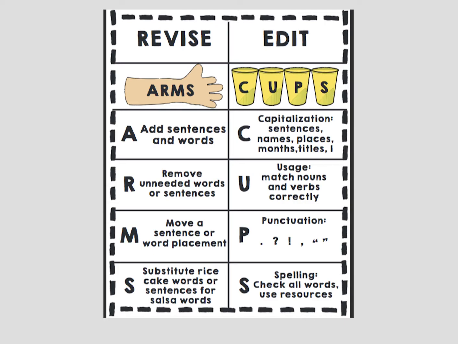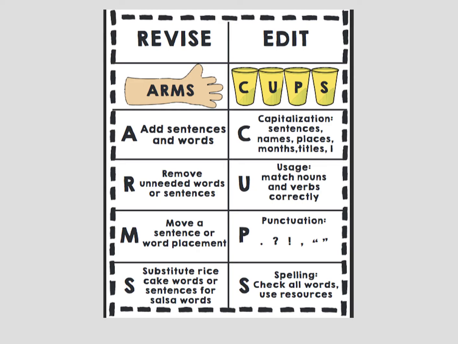So, if you've ever had a rice cake, they're nothing too special, right? I mean, you kind of have to put some butter on them or something, but they're fine. But salsa is spicy, salsa is really energetic sometimes. It makes you feel like your mouth is on fire. So salsa words, those are words that make your reader feel excited, make your reader feel like they want to keep reading.